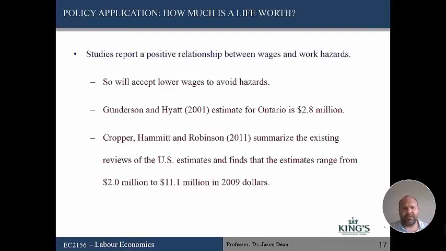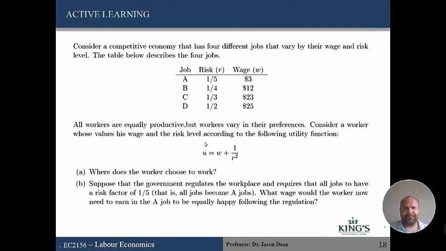Some authors, Cooper, Hammett, and Robinson in 2011, did a literature review in the US and found that the estimates range quite widely, from $2 million to $11 million in 2009 dollars. So it's difficult to get a very precise estimate, but the bottom line is there are ways of teasing these statistics out of the data.